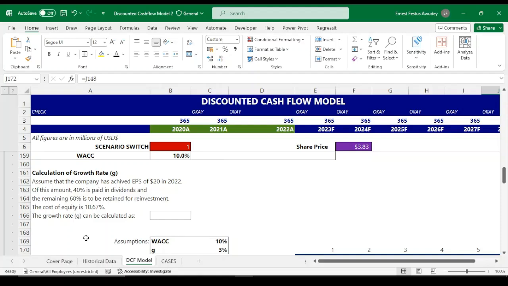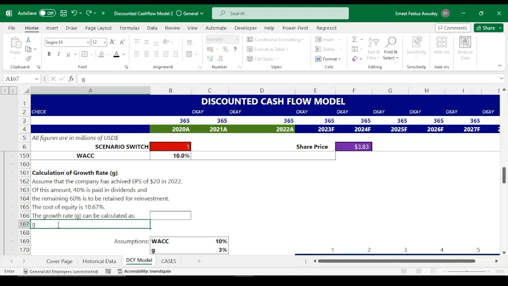The Gordon growth model. With the Gordon growth model, the formula is G, which is the growth rate, equal to BR. The B here is the amount of earnings retained in the business, and the R is the return on investment in the equity of the business.